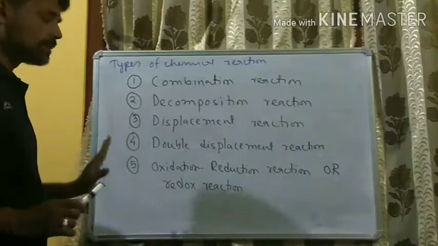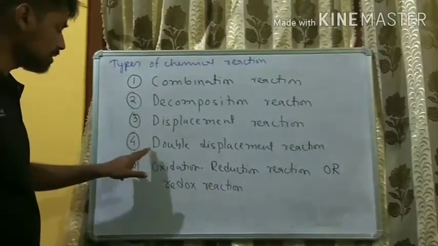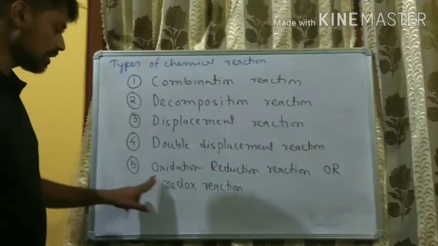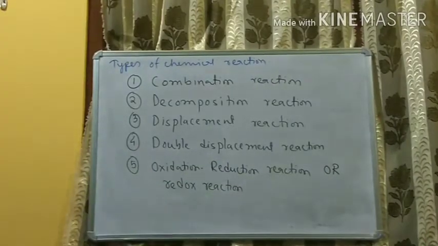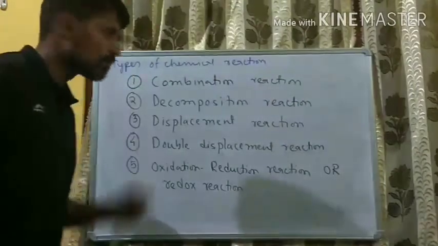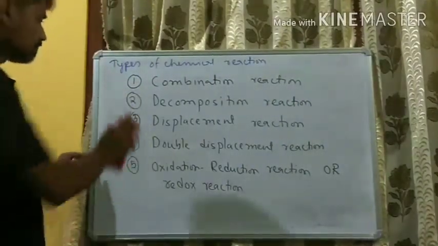These are the types of reaction: combination, decomposition, displacement, double displacement, and oxidation reduction, or redox. Okay, now let us discuss them one by one.